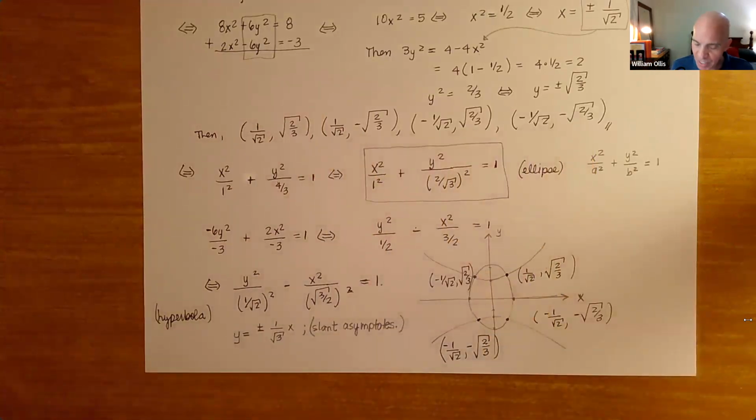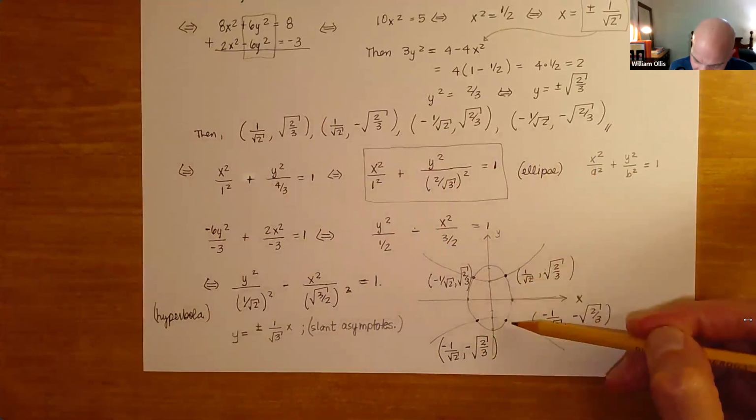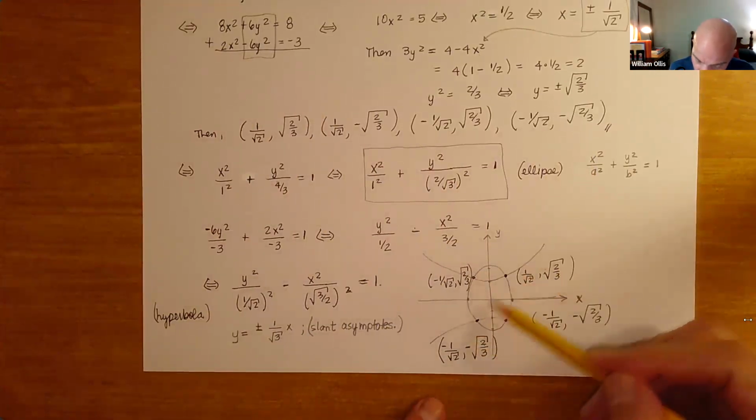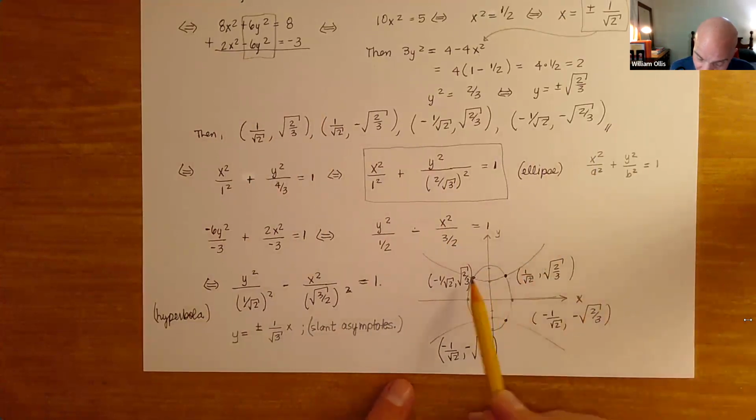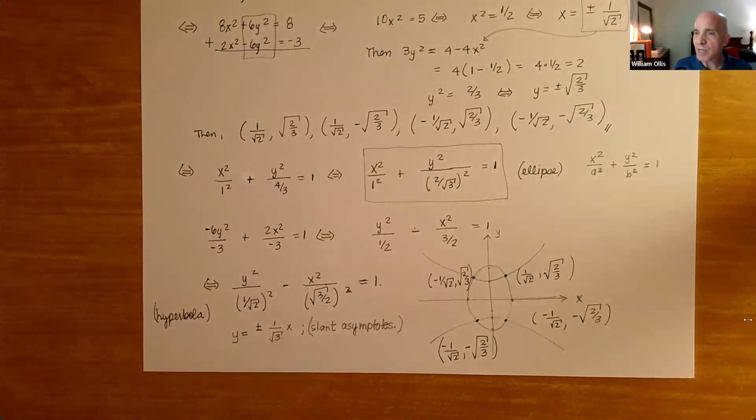And now again, you see you've got this beautiful symmetry. You have this y-axis symmetry. You have the origin symmetry. You have the x-axis symmetry. So all that beautiful symmetry there is the benefit of having all of these conic sections centered at the origin.